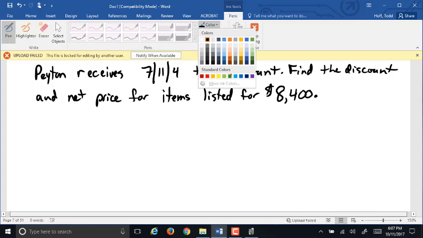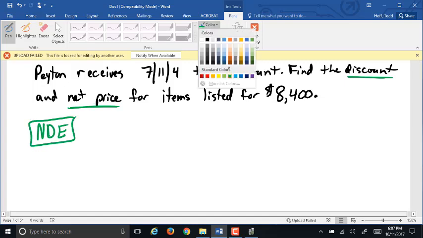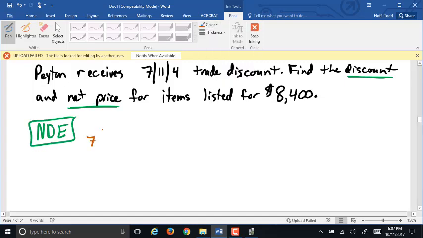So to start this problem, we're looking for the discount and the net price. What we're really going to find first is that net decimal equivalent from the 7, 11, 4.